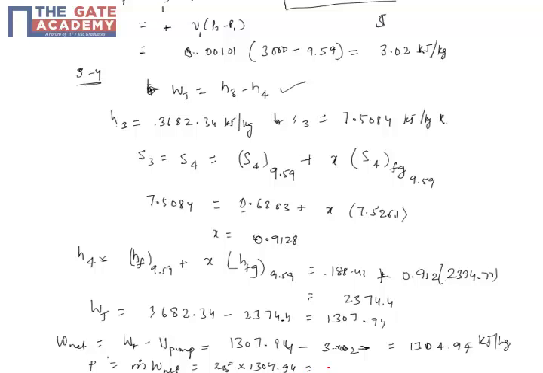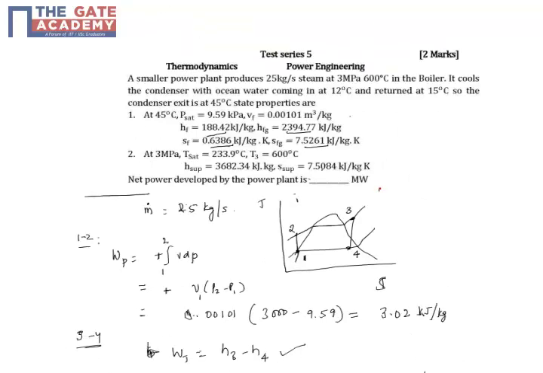This roughly comes to 32,620 kilojoules per second, which is kilowatts, but we want it in megawatts, so it's 32.62 megawatts. So 32.62 megawatts is the answer. This is again a Rankine cycle based problem. Thank you.